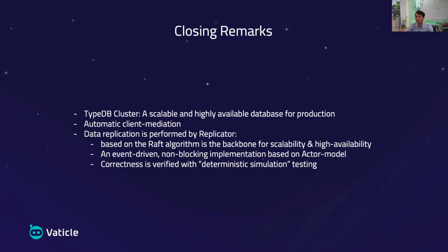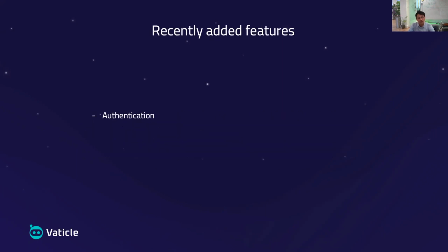We don't have to run the tests multiple times in order to capture a once-in-a-1,000-times scenario, right? So we've talked about the key features of TypeDB Cluster, which are scalability and high availability, achieved by the replication module and the client mediation protocol.